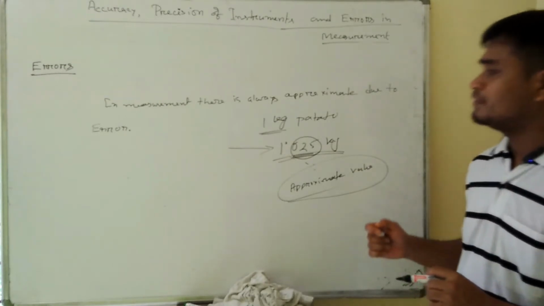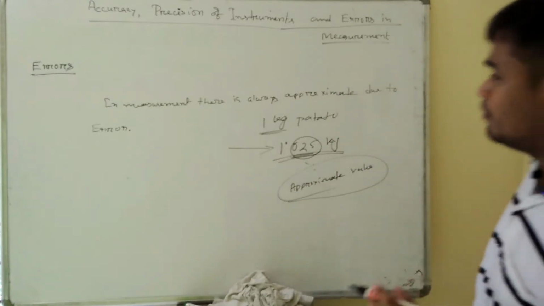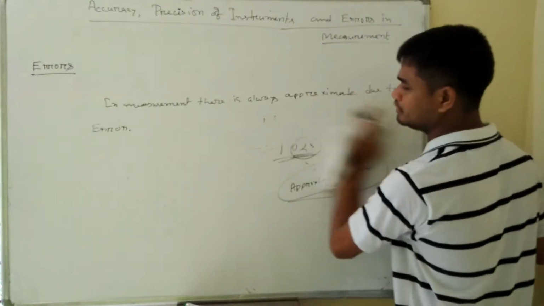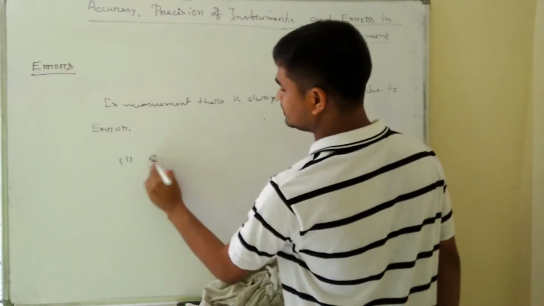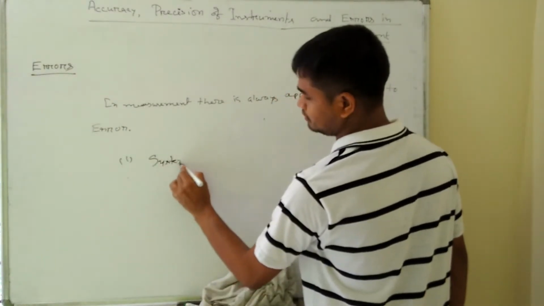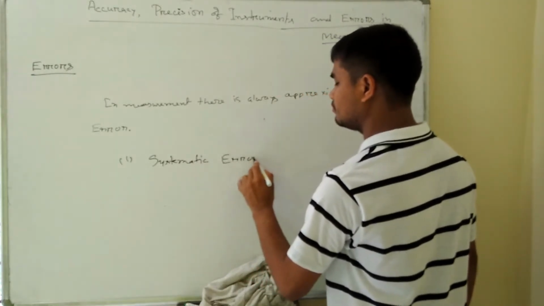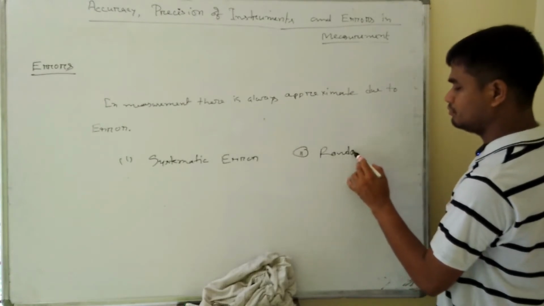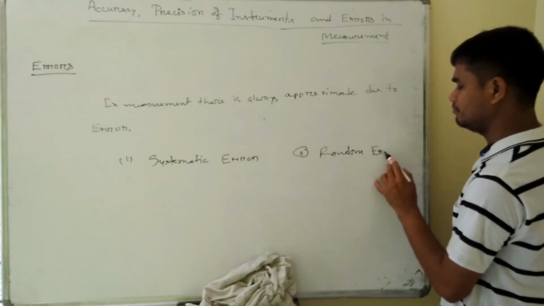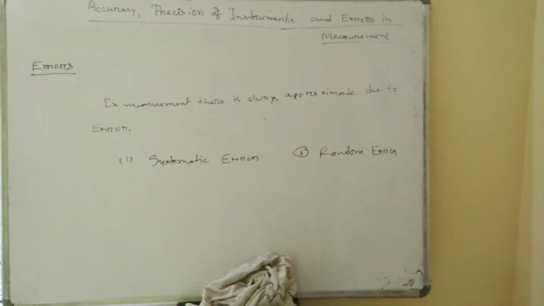Clear? So we should learn errors. Errors are broadly divided into two parts: number one, systematic error, and number two, random error. First is systematic error, second one is random error.